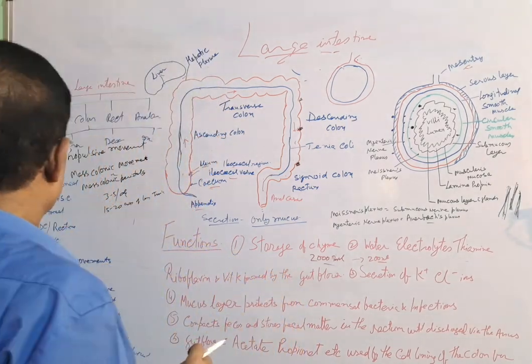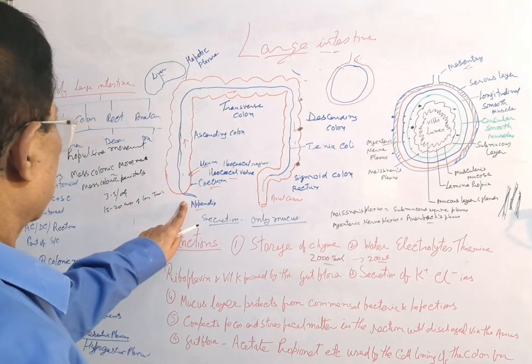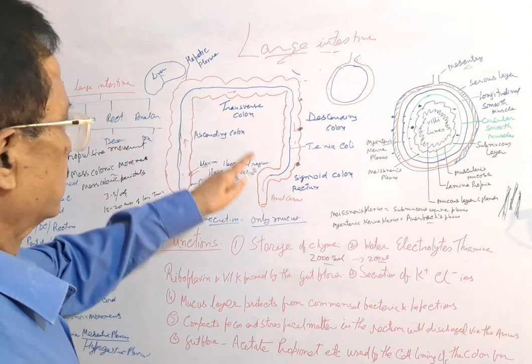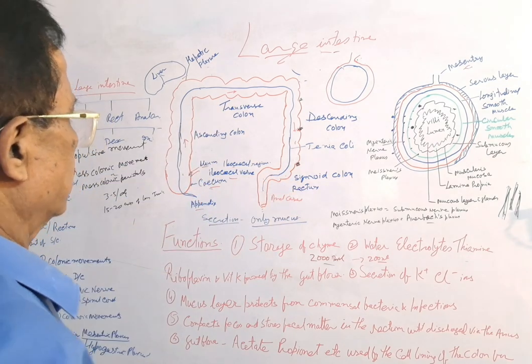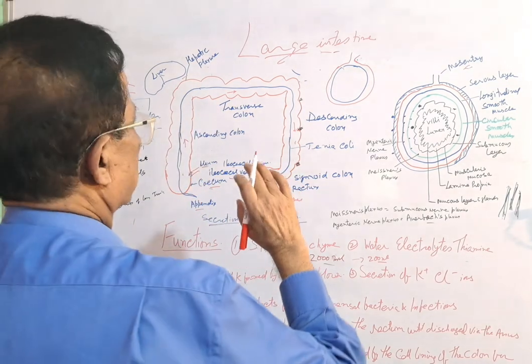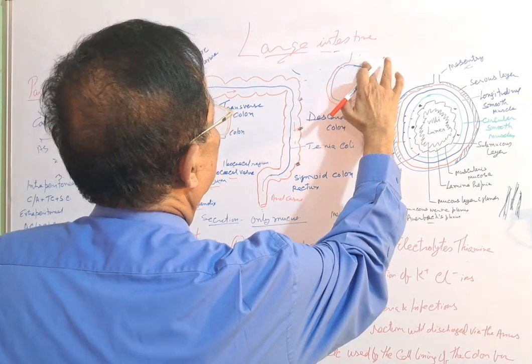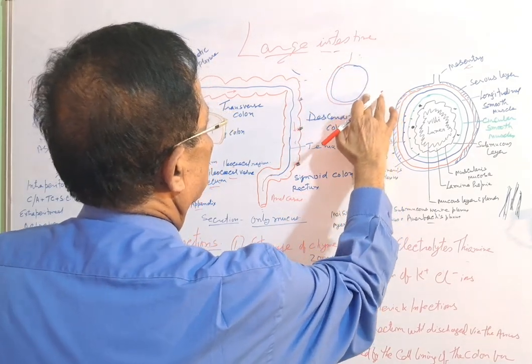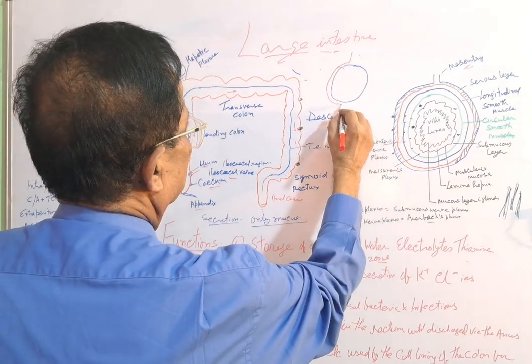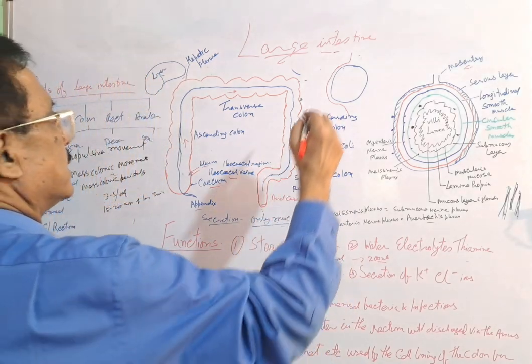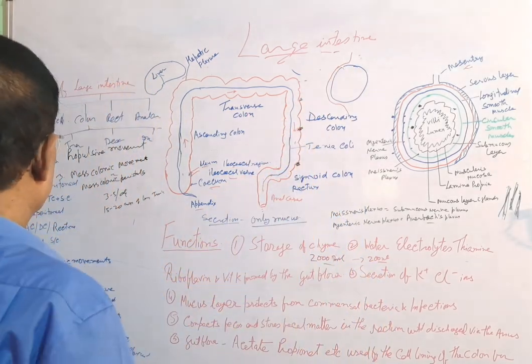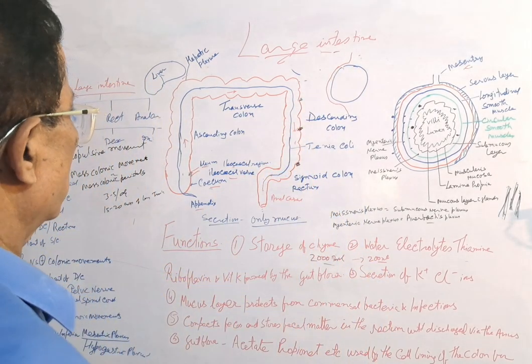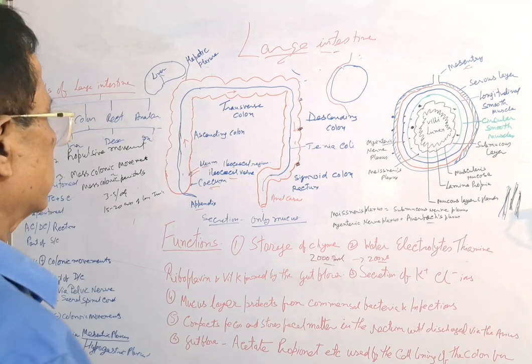Cecum, appendix, transverse colon and parts of the sigmoid colon are intraperitoneal, and they are movable.